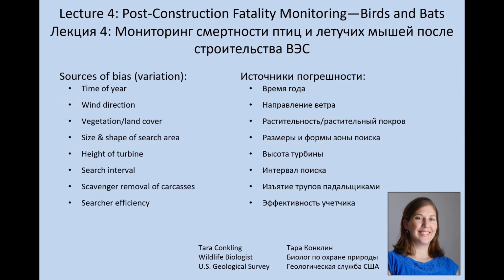And the sources of bias can include the time of year, the wind direction, the vegetation and land cover, the size and the shape of the search area, the height of the turbine, even your search interval, and then, of course, the removal of carcasses by scavengers and the effectiveness with which searchers find these carcasses, the searcher efficiency.